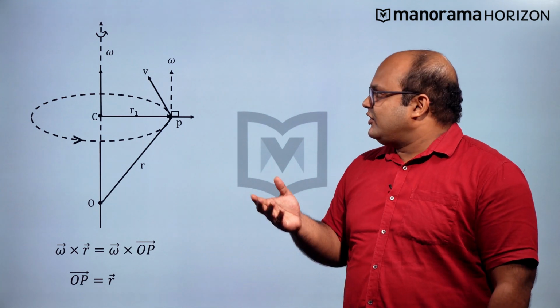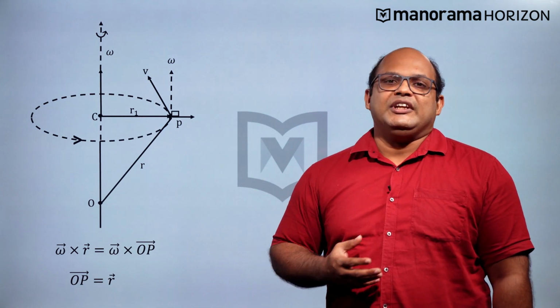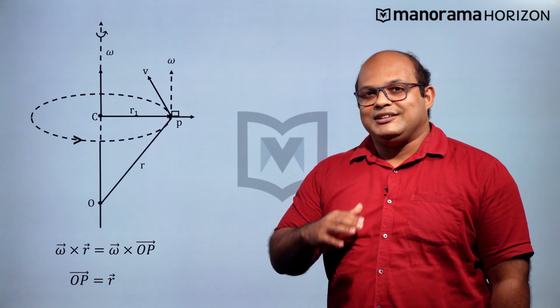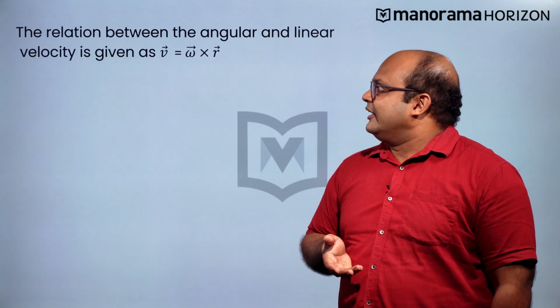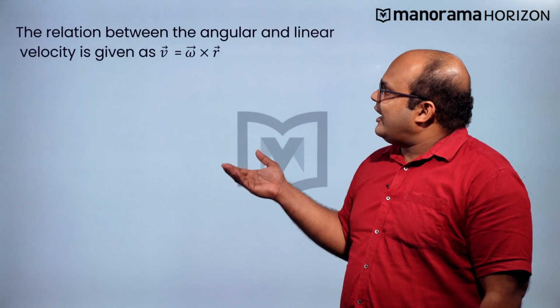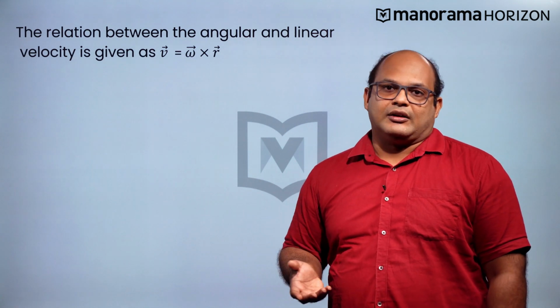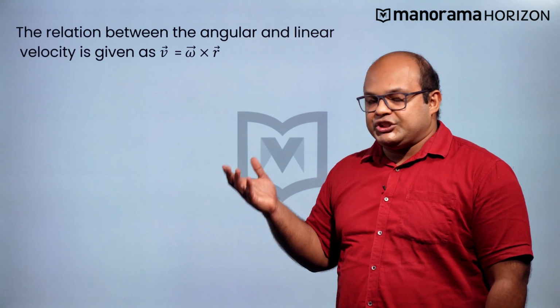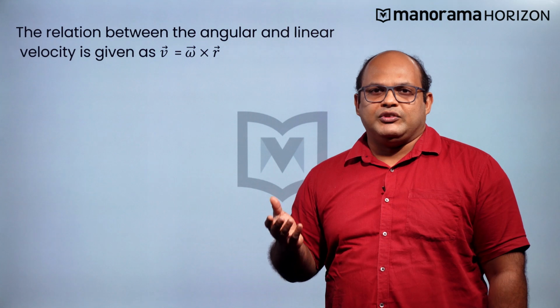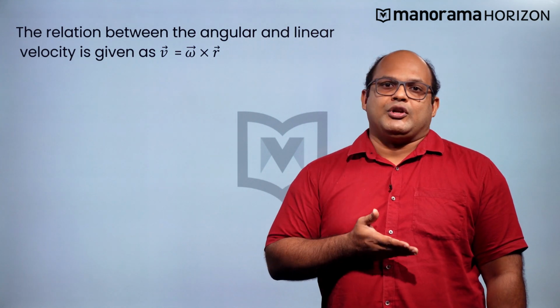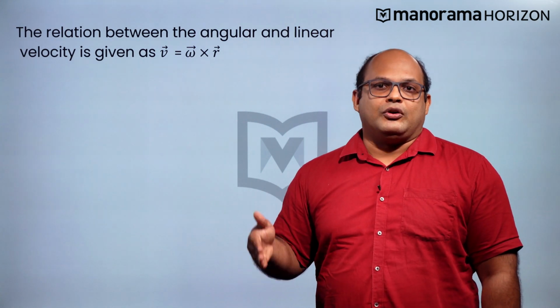The cross product of these quantities can give us some idea of the linear velocity of the particle at that instant of time. So we can say that the relationship between the angular and linear velocity is given as v is equal to omega cross r. So the cross product of the rotational velocity and the radius of the particle will give us the linear velocity of the particle at any instant of time.